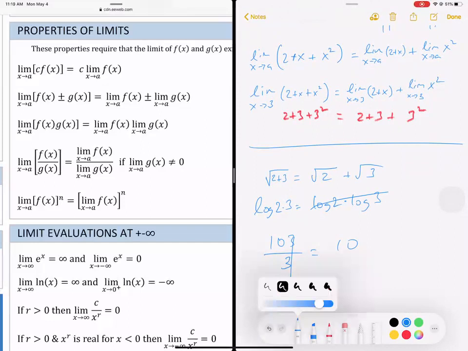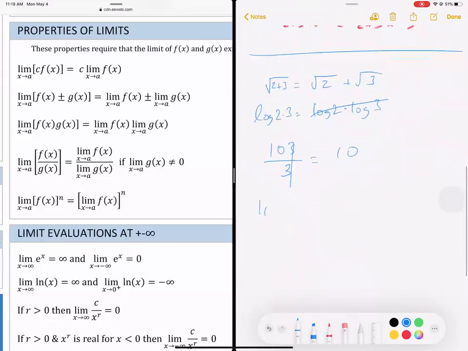This is supposed to be log of 2 plus log of 3. If I'm adding on the outside, I'm multiplying on the inside. You guys remember that rule? Okay. This one doesn't work.